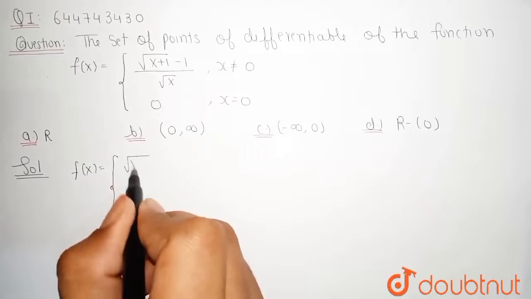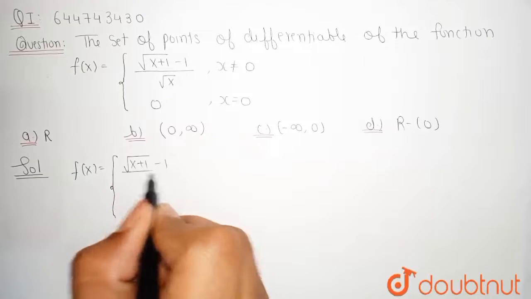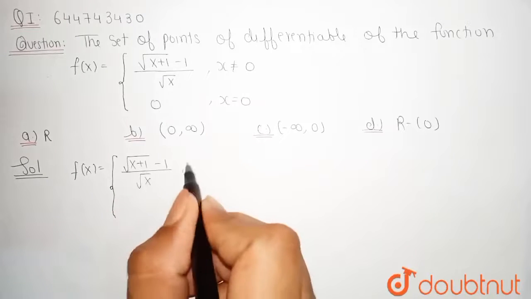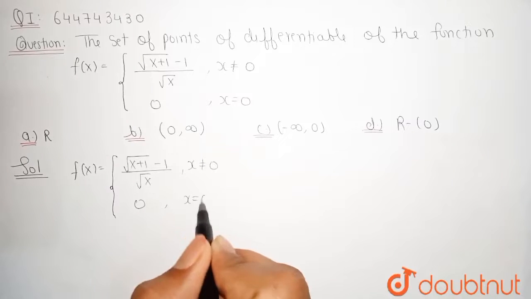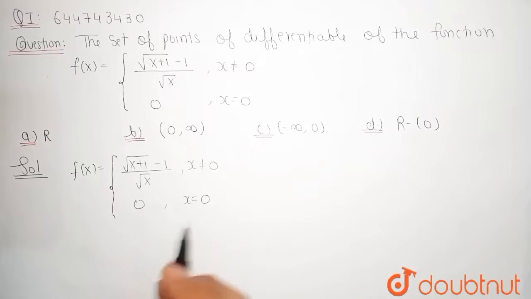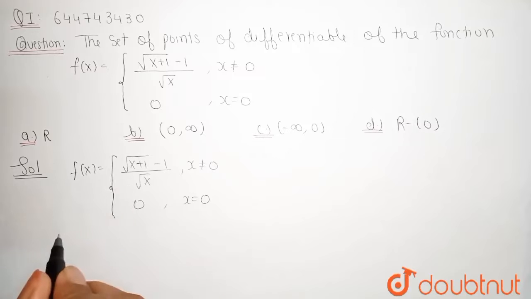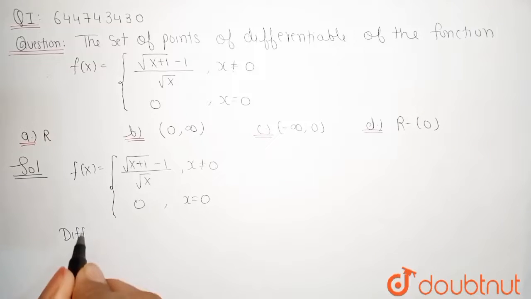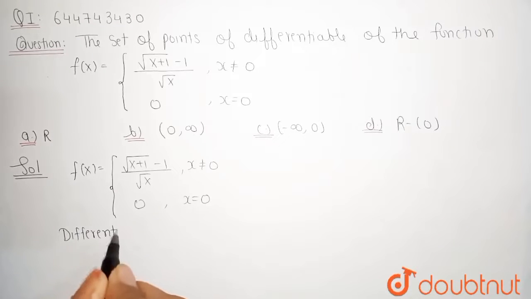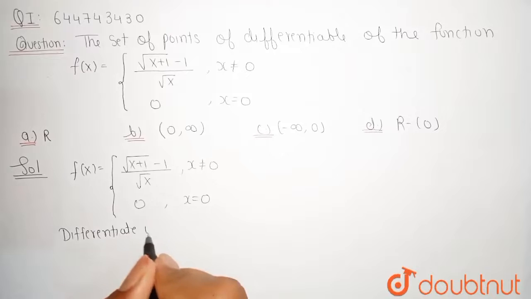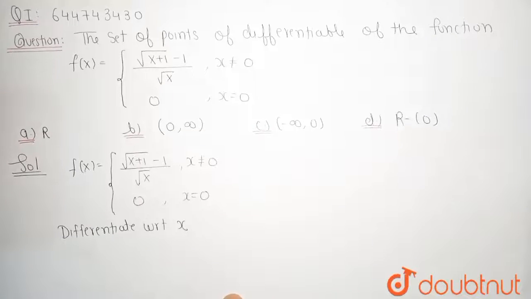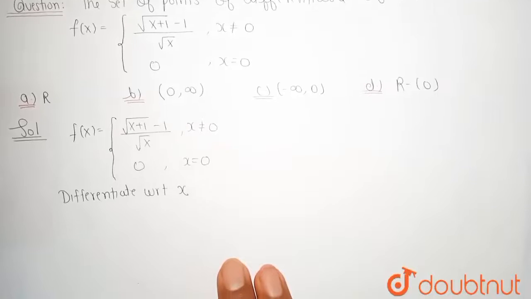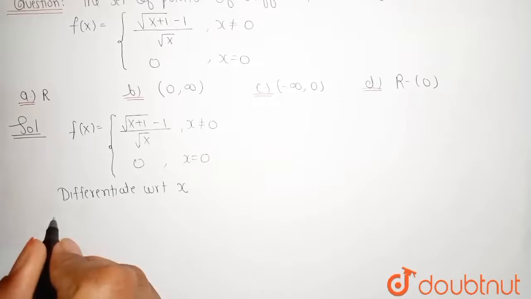Now, our function f of x is equal to square root of x plus 1 minus 1 upon square root of x if x does not equal 0, and it becomes 0 if x is equal to 0. For differentiability, first differentiate this function with respect to x. Here we apply the quotient rule of differentiation.